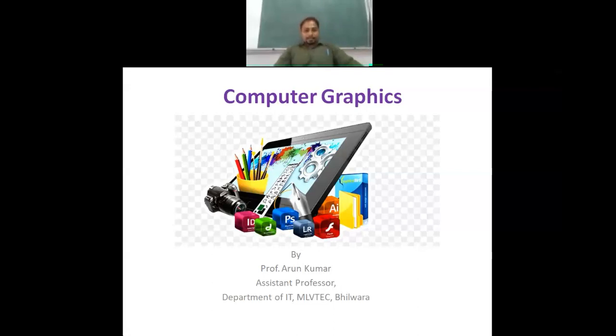Computer graphics, as you can see, has two words, computer and graphics. Most of you know about the computer. Can any of you tell me what is the meaning of computer here? Unmute yourself and speak, so I know you are hearing me.